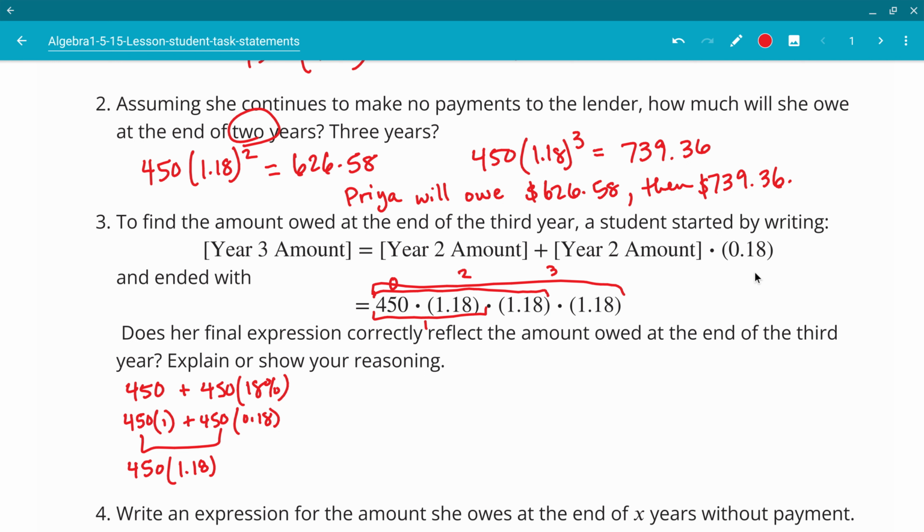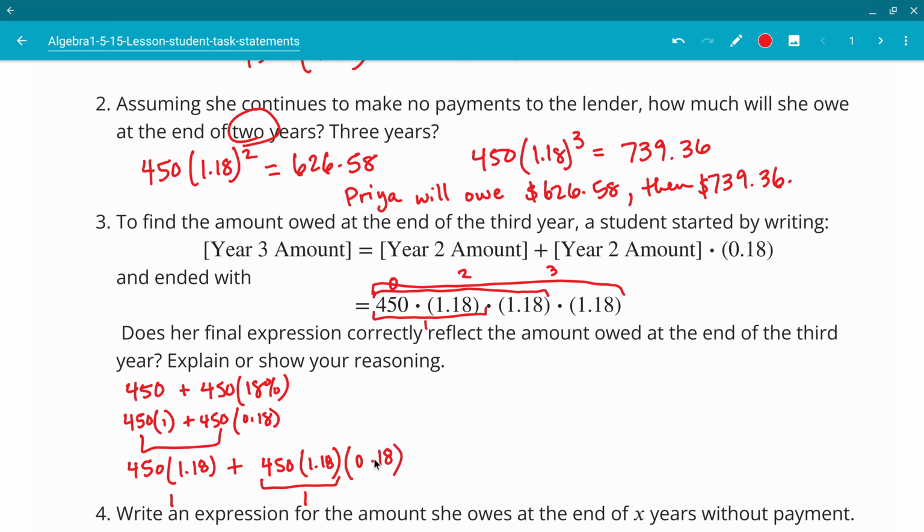Now, to do year 2, we would take that and add on to it our previous year's amount, 450 times 1.18, multiplied by 0.18. And remember, this is the year 1 amount, and this is the year 1 amount, and we're multiplying that by 18%.